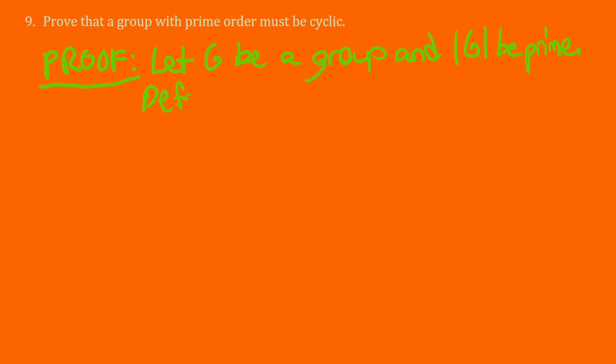Let's define e as the identity of G. So then there exists an element g in G where g does not equal the identity element.